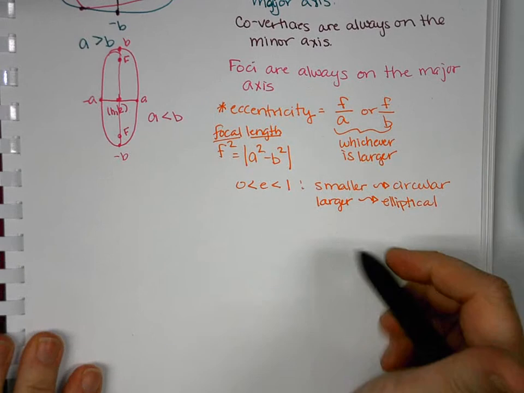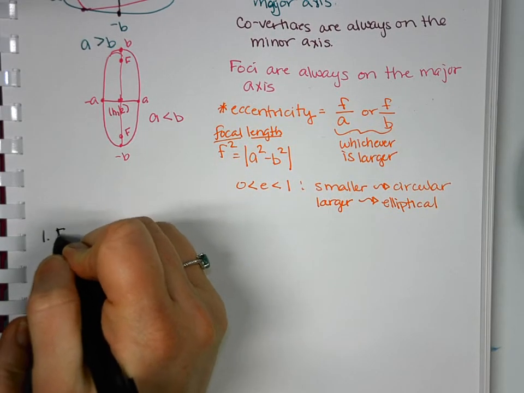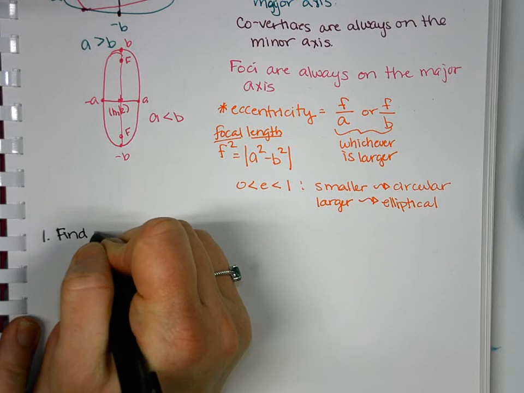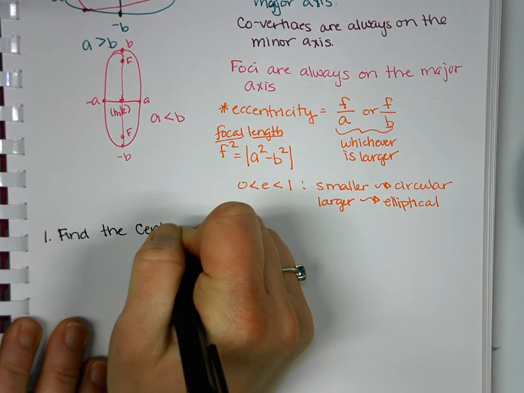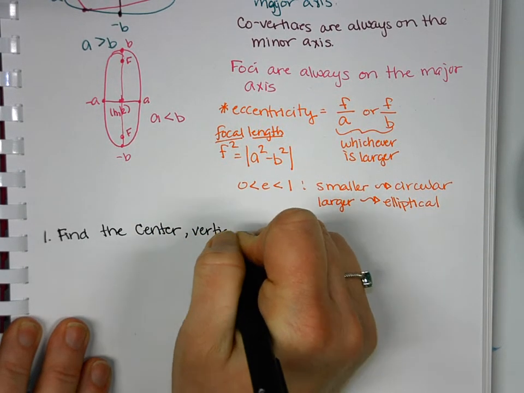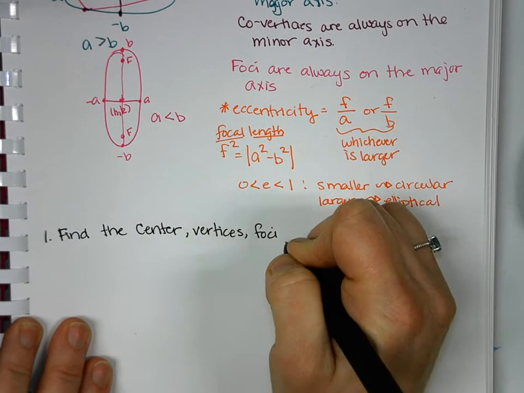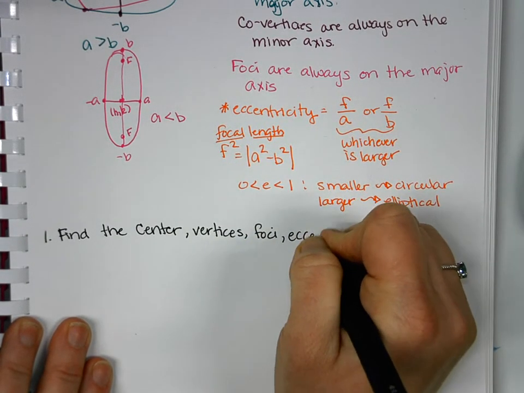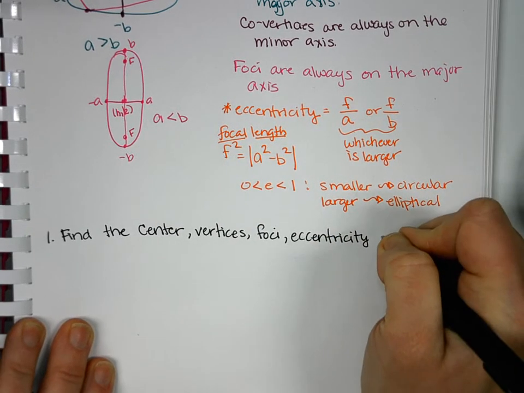So the one that we're going to graph here, we're going to find the center, the vertices, the foci, and the eccentricity, and sketch.